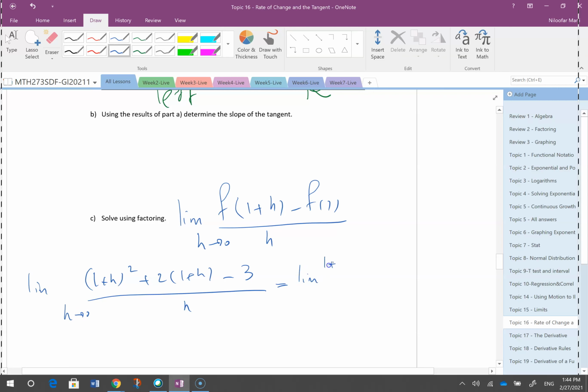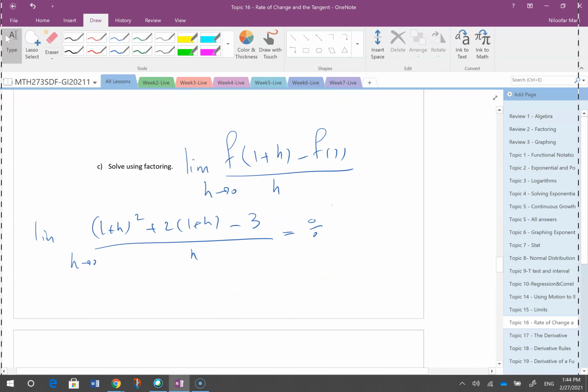That is the limit of (1 plus h) squared plus 2 plus 2h minus 3 over h, as h goes to 0. Because at the beginning, if I just substitute, it will be 0 over 0. So as I taught you in limits, you have to expand it.